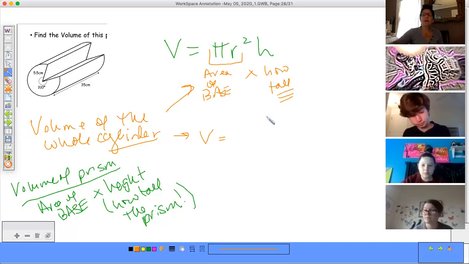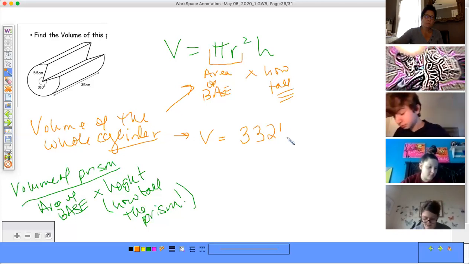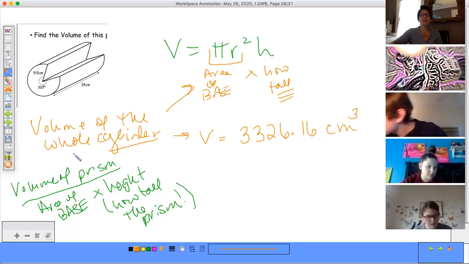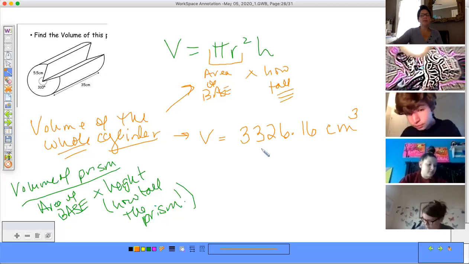Do you have the volume? I got 3,326.16. Don't forget about that .16, right? And it's cubic centimeters. So that's the volume of the whole cylinder, right? Everybody got that for the volume of the entire thing?